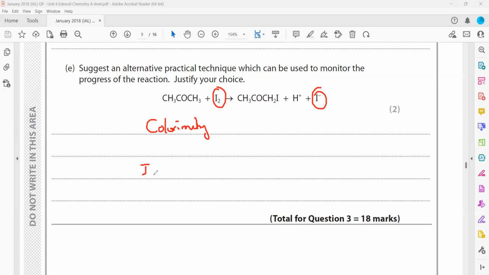As the iodine molecule changes to iodide ion, the intensity of the light passing through it changes. Using that, we can also work out the rate or the speed of this chemical reaction.